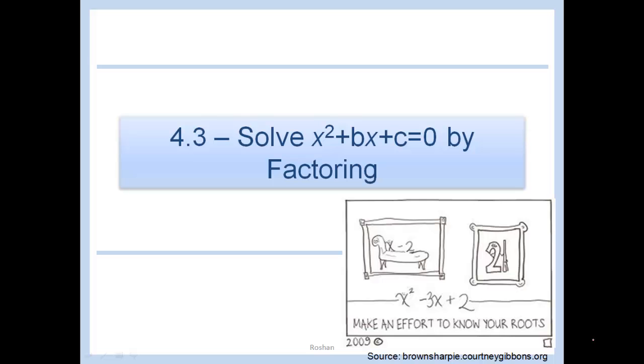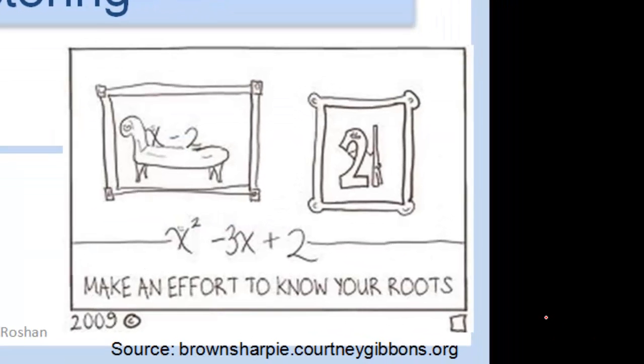4.3, solve x squared plus bx plus c equals 0 by factoring. So this comment here is so perfect for today's lesson. It is just awesome.